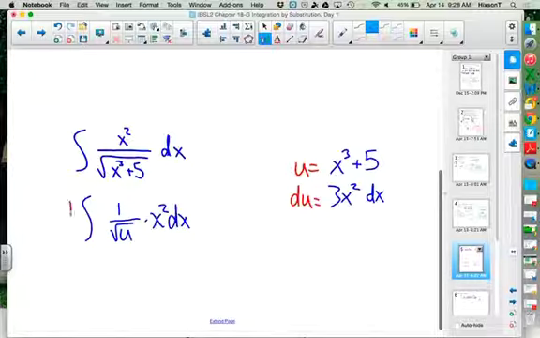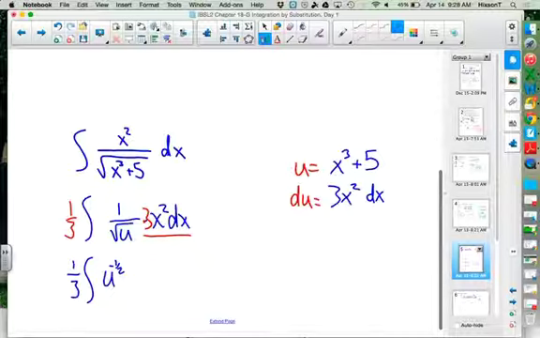Yeah, I'm going to put a 1 over 3 out here, and I'm going to put a 3 right here. Okay? So now I have du. And I can actually integrate with respect to u. I'm going to write this as an exponent just to help us out. That's u to the negative 1/2 du. Now I can actually take the integral.